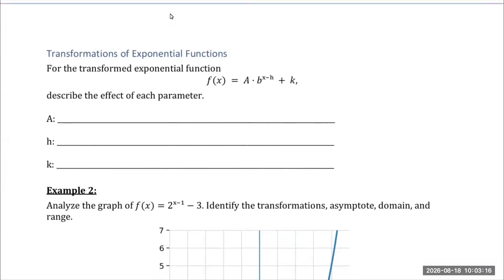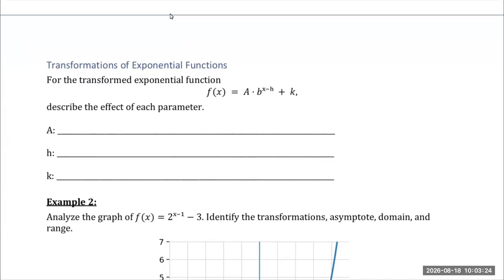Hey everybody. In this video, we're going to look at transformations of exponential functions. We're starting with the assumption that I have this basic graph, y equal to b to the x power. We know that if b is greater than 1, it looks something like this.